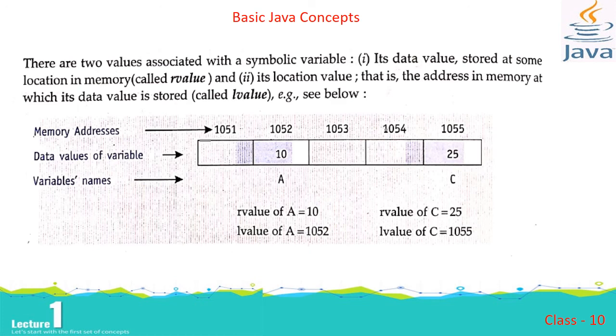R value is the real value and the L value is the address, the location where that value is stored. Here we have shown graphically that at 1052 the value stored at that location is 10, and a variable is named A. If it is of reference type, then A contains 1051.